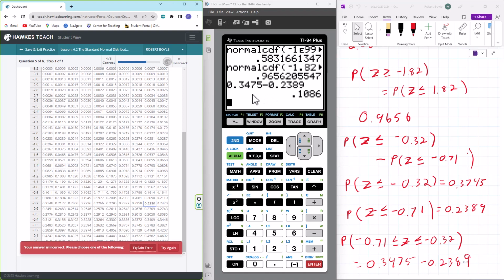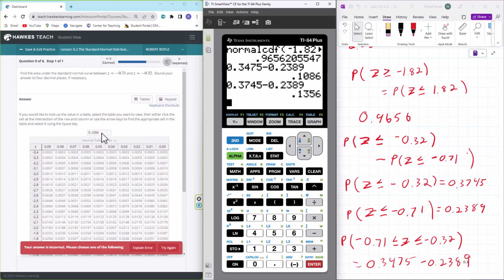Oh, look at this. I did the calculation here wrong. So that should have been 0.3745 minus 0.2389. So be careful with your calculations. You don't want to be like me. And that gives me 0.1356. Let's see if that works a little better.